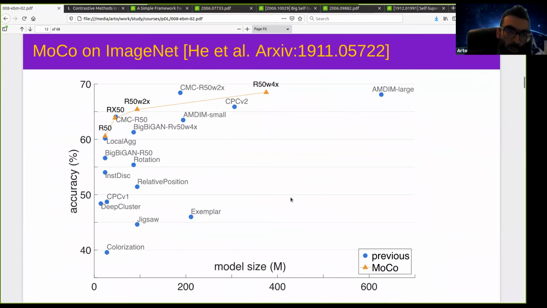So one is this MoCo paper, and they got some reasonably good results, and MoCo stands for momentum contrast. In this case we keep two models, one with which we generate what they call a query sample.